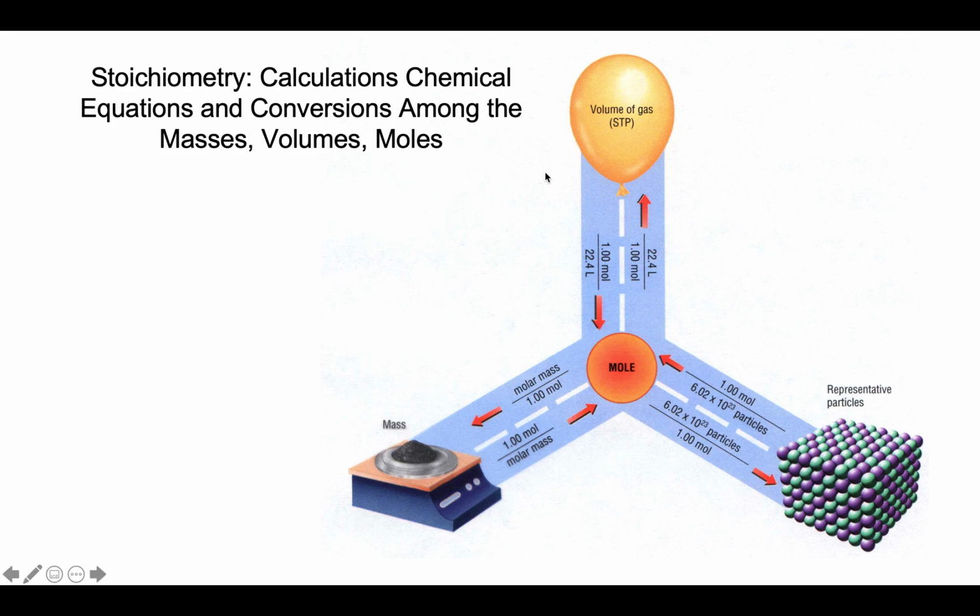So stoichiometry again. This is a little figure showing how we can go back and forth with our conversion factors. Mass is something that's readily measurable.